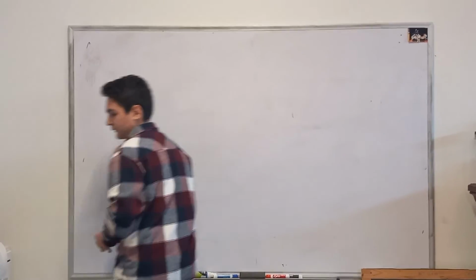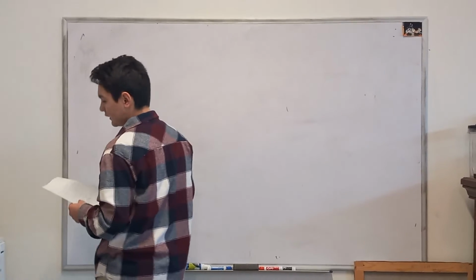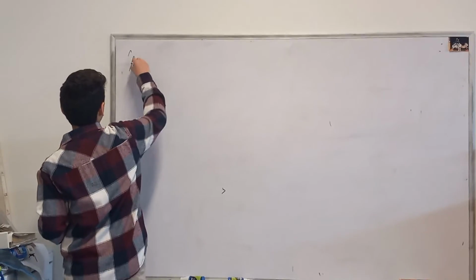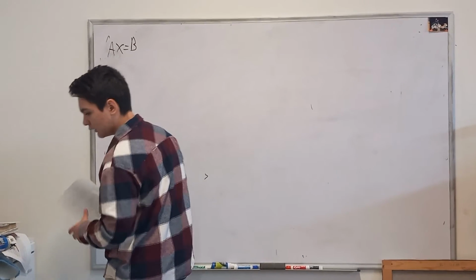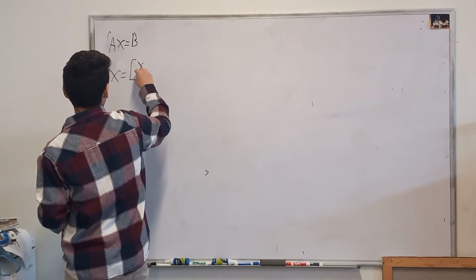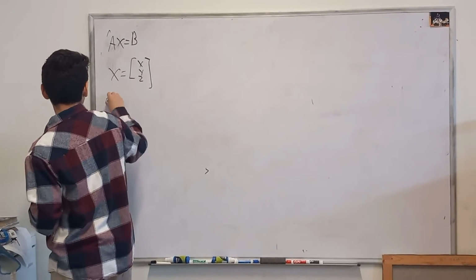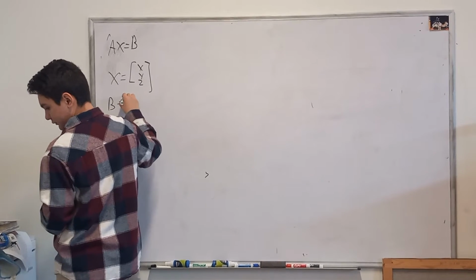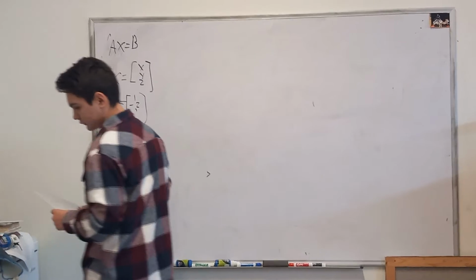Let's move on to part B. Part B gives us this system, so AX is equal to B, where X is equal to this matrix X, Y, Z, and B is equal to 1, negative 2, 1.